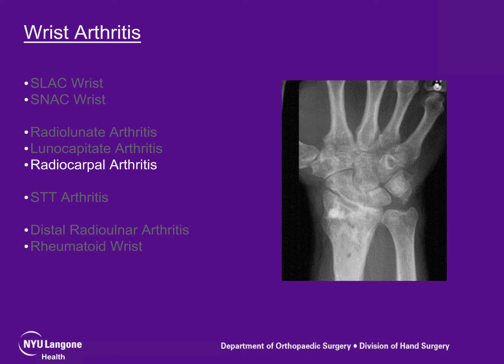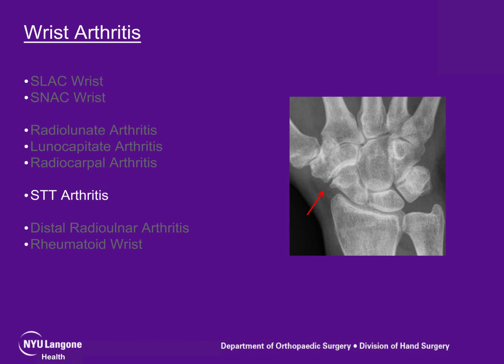Radiocarpal arthritis is most often seen as the end result of articular incongruity following an intra-articular distal radius fracture. It could also be seen as the end stage of Kienböck's disease and carpal collapse.